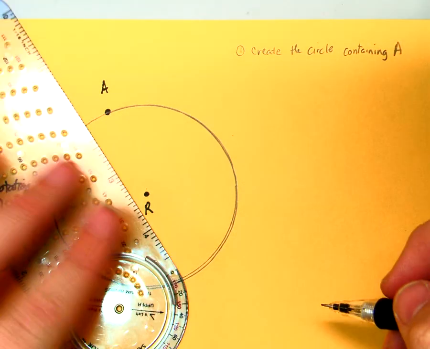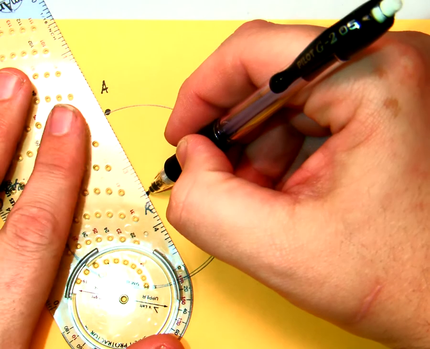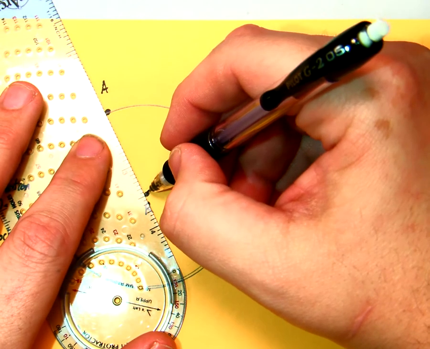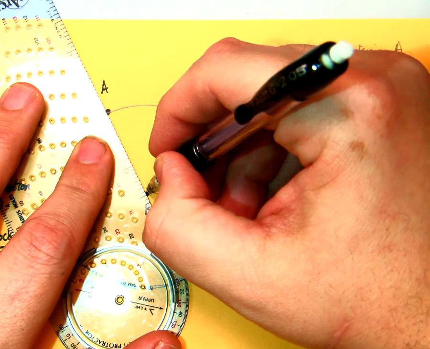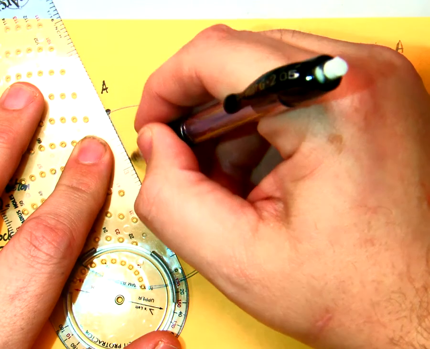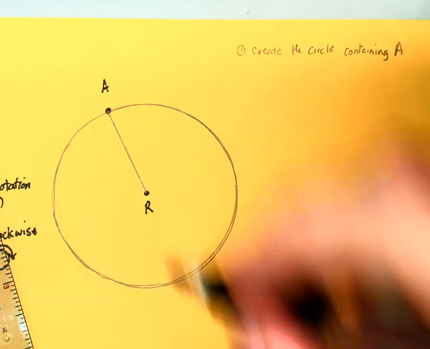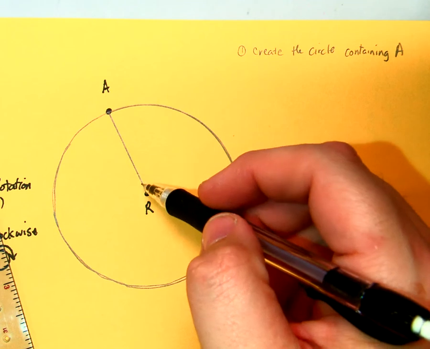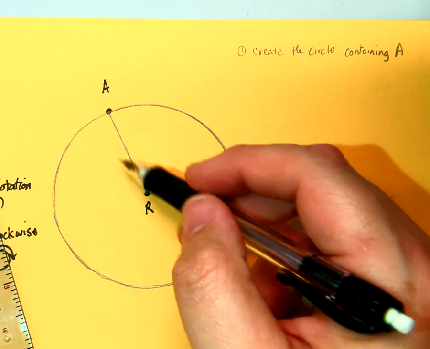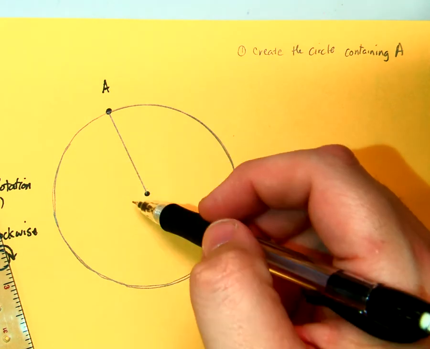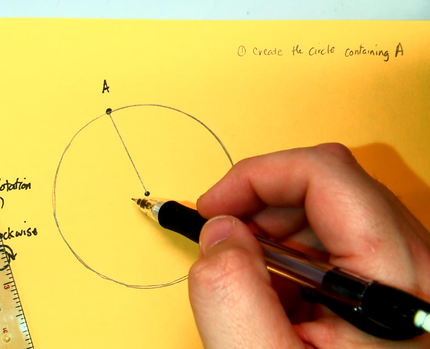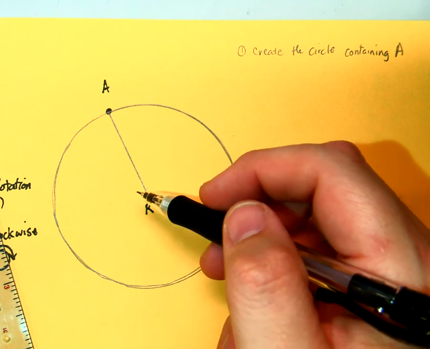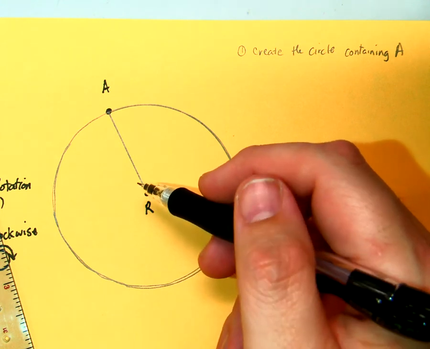And then what we want to do is we want to create or draw this line right here. Now, if this is a circle, what would this be called? What would AR be? Starts with an R. Radius of the circle.